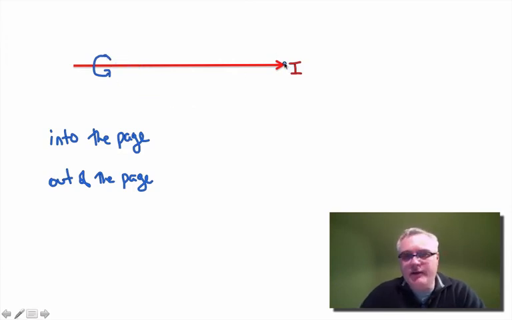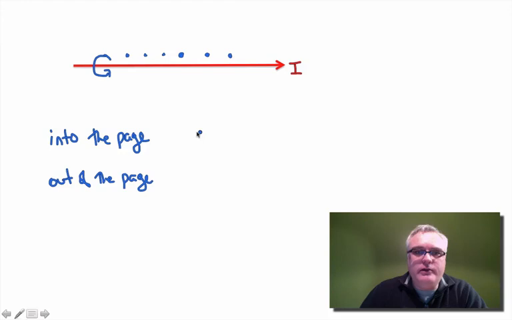If you think of a vector, the point that's coming out of the page would be the very tip of the arrow. So to represent out of the page, we basically just draw dots. So out of the page is a dot.